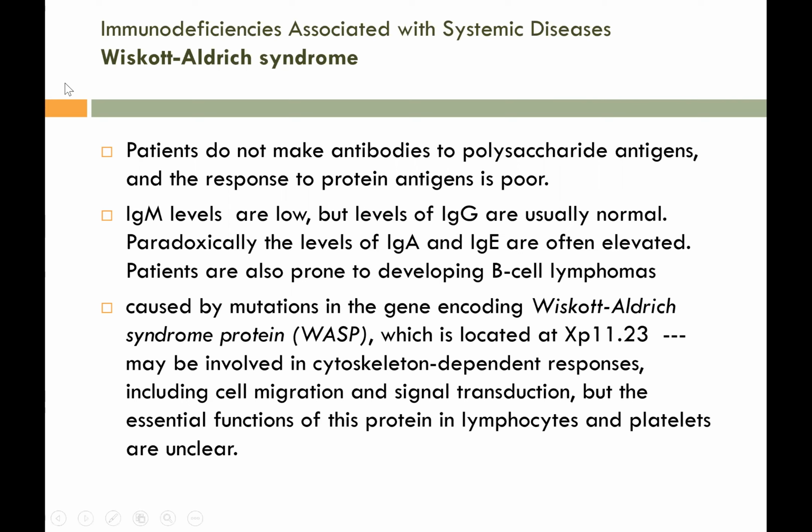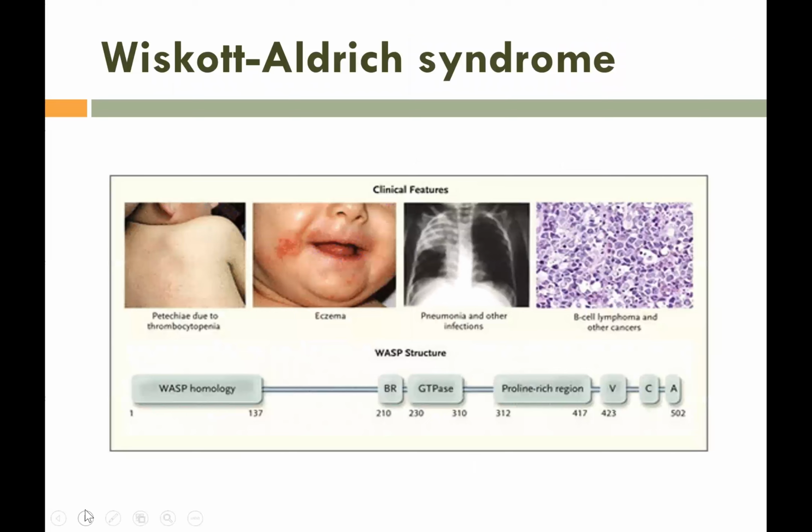So do not forget, WASP, the locus is chromosome X. The thymus may be normal, but then again, the second tier there should remind you that the T cells are the ones that are affected. You invert W, you get an M, and that tells you that the IgM are the ones that are low. The IgG is normal. The A and E are often elevated for this group of patients.